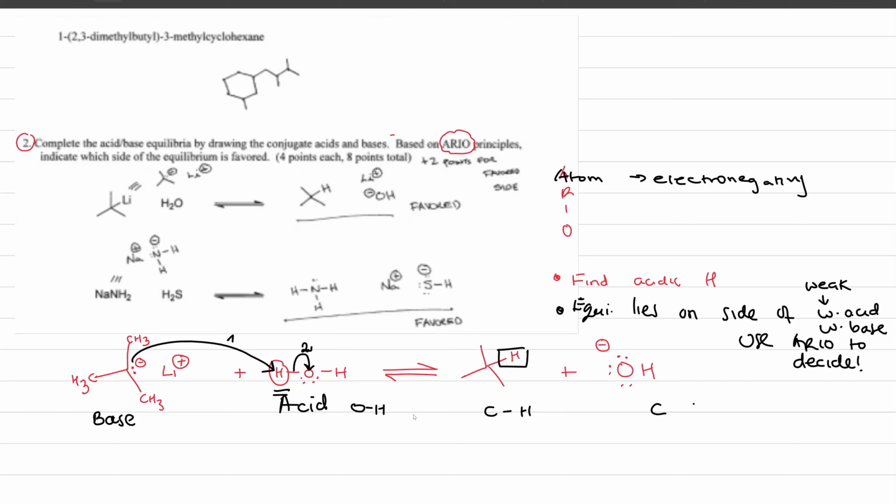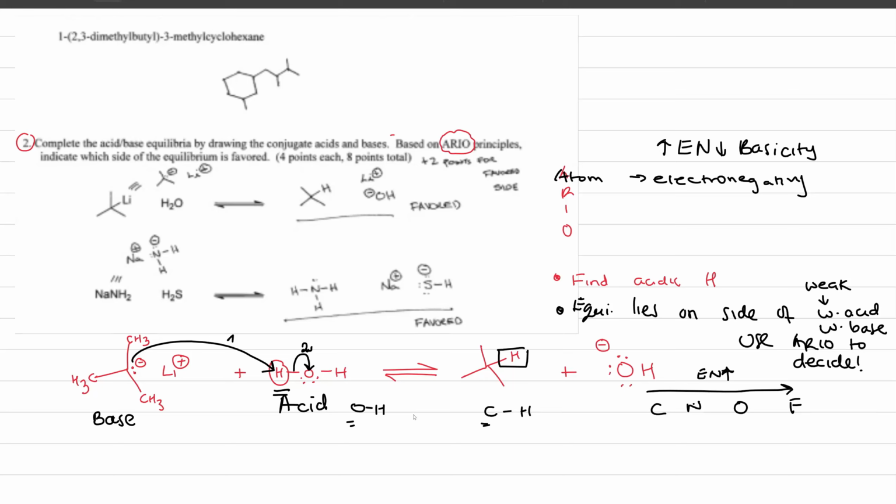The higher the electronegativity, the weaker the base. Okay. And you're looking at carbon versus oxygen. In your periodic table, the second period, those are the elements, and EN increases that way.